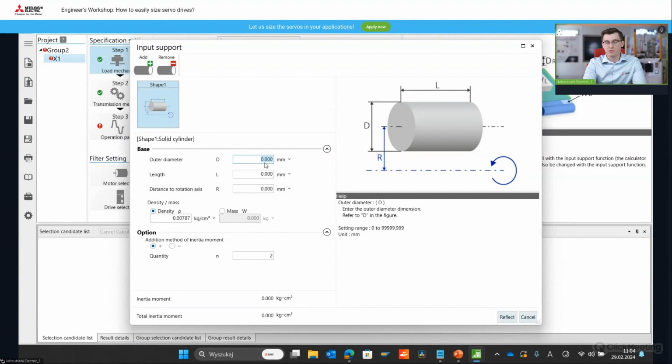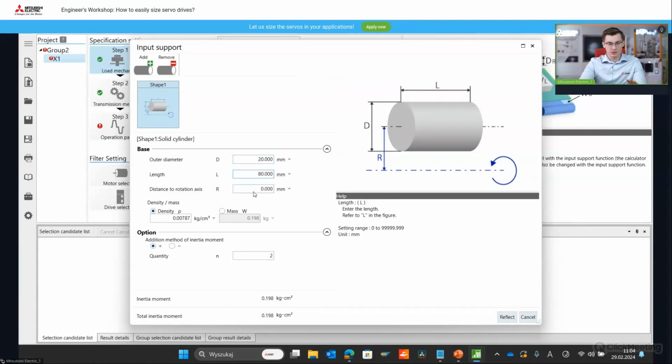The outer diameter of our wheel is 20 millimeters, as I said. The length will be 80 millimeters. So we have a wheel with a diameter of 20 and length of 80 millimeters that our tooth belt module has. This is something we can check in the documentation, for example, or just measure it.